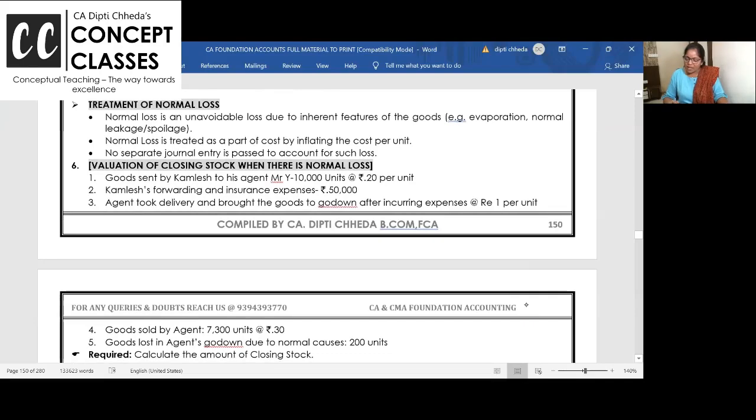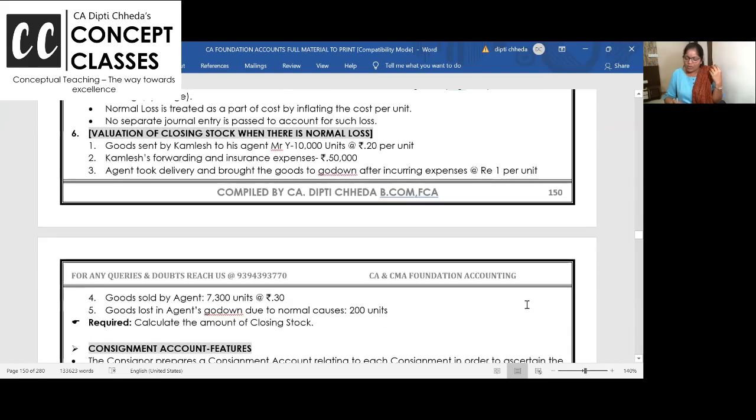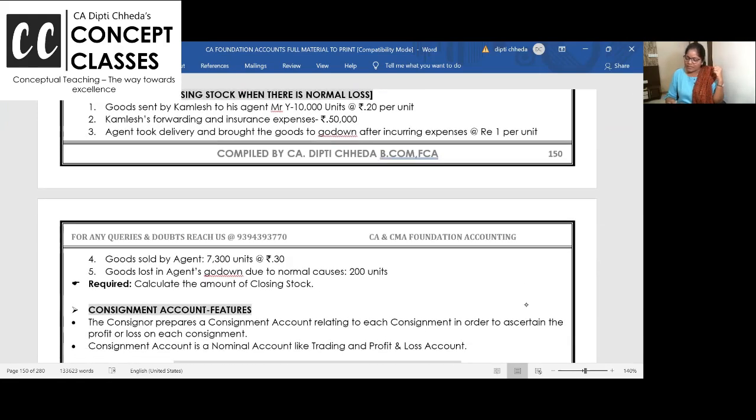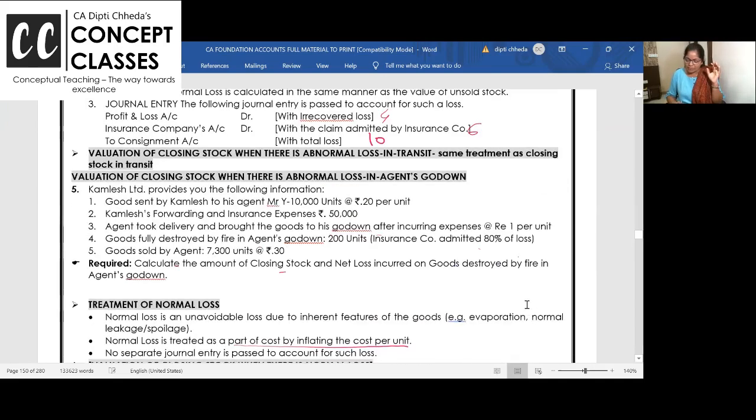Normal loss is unavoidable, you know: evaporation, breakage, leakage and all. So it is treated as part. Cost per unit inflate कर दो, quantity कम कर दो. Same. Goods are there 50,000, an agent incurred all. Now goods are lost in the godown due to normal. Exactly same problem.